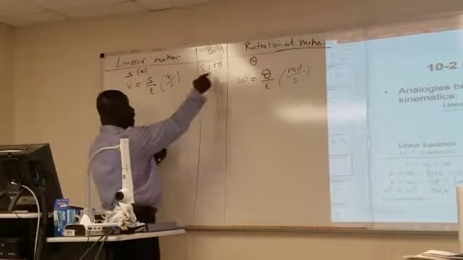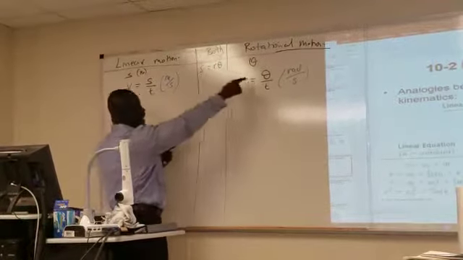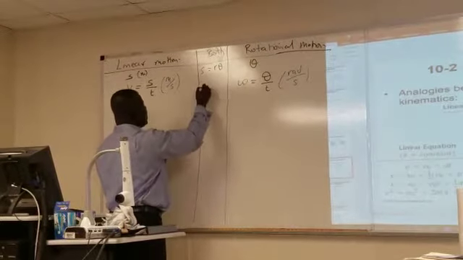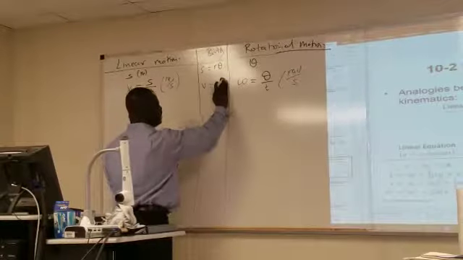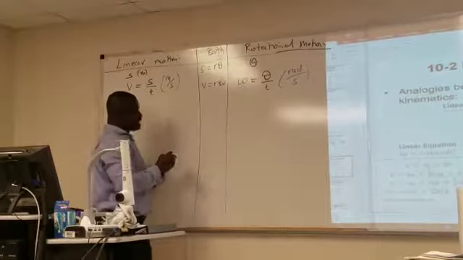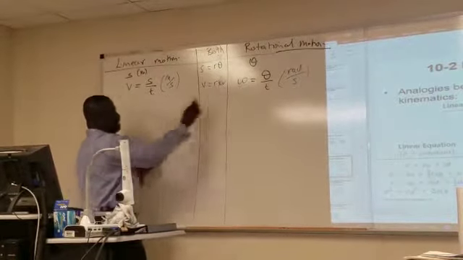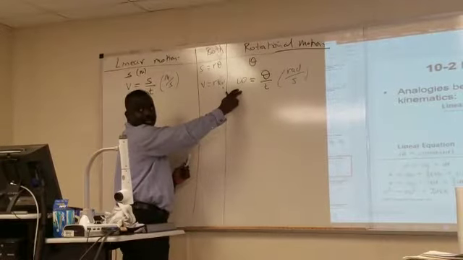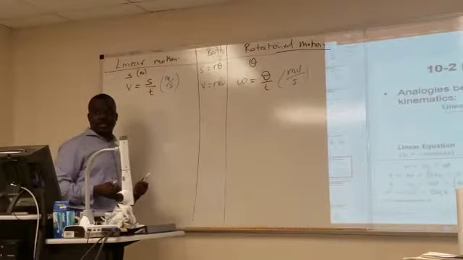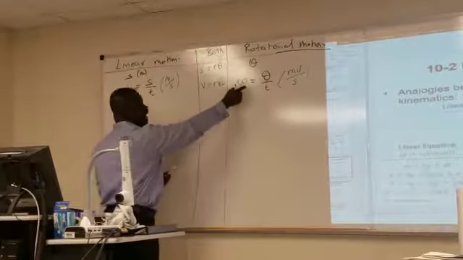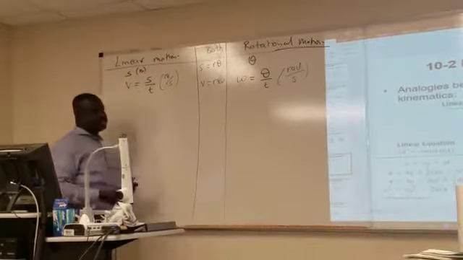Now, in between linear and rotational, your V is equal to R omega, your angular velocity. This is velocity, this is angular velocity. Wiggly W, that's how some of my past students always call it, wiggly W. Omega is your angle divided by your time.